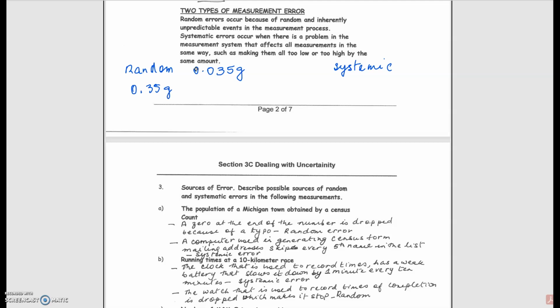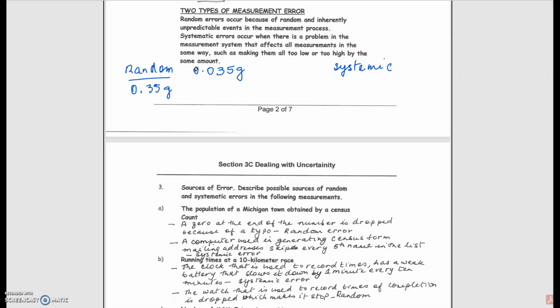Now that is a random error. You just forgot that one instant, you just forgot to put the zero there. So it happened once in a way, just by mistake. So that would be called a random error. And things like this happen all the time.